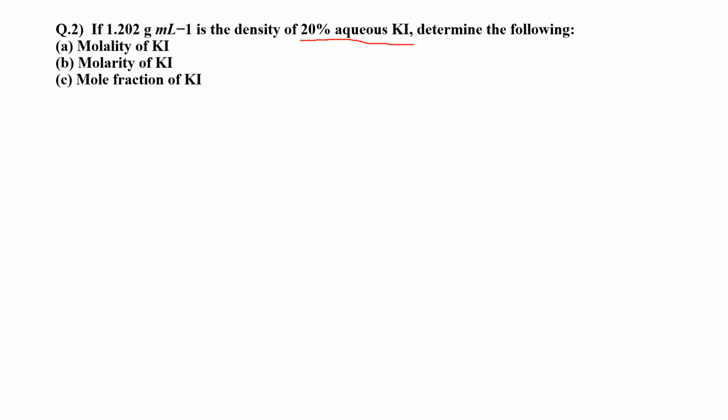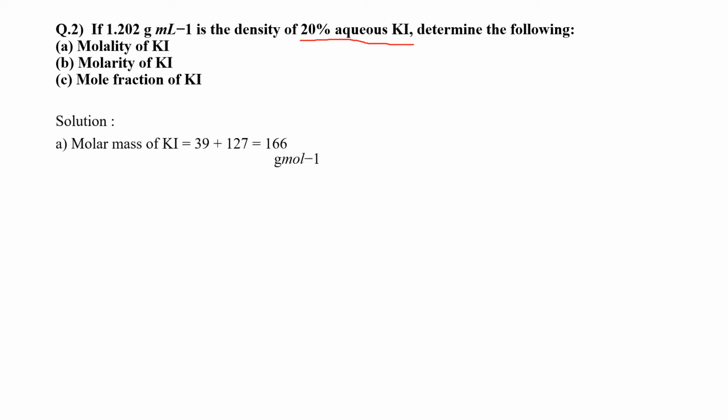Density of 20% aqueous KI is given, that is 1.202 gram per ml. Now determine the following, and we have to determine three things. What are these three? First is molality of potassium iodide, molarity of potassium iodide, and mole fraction of potassium iodide. Let's see the solution.